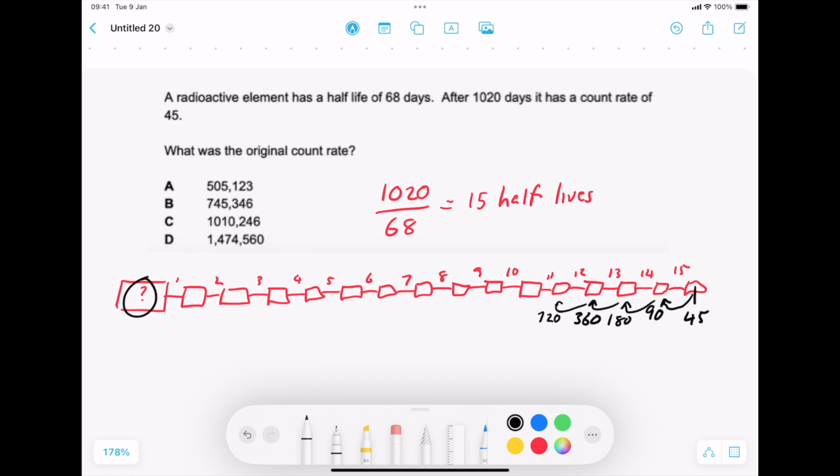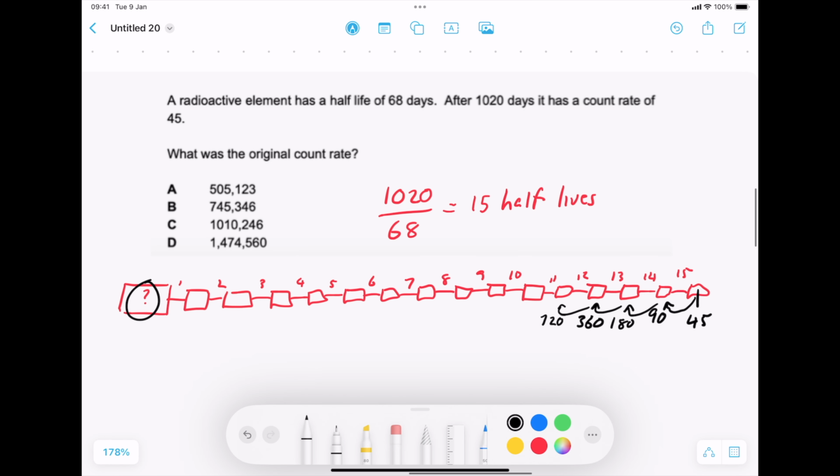The quick way is to look at the number of half-lives that have taken place, which is 15. You raise 2 to the power of 15, and then multiply that by the count rate, 45. The answer is therefore D.